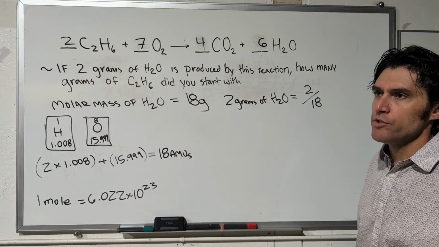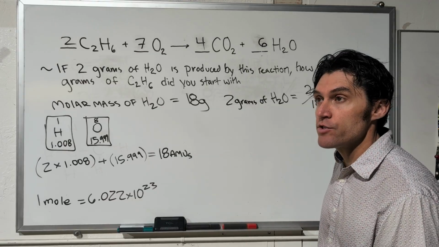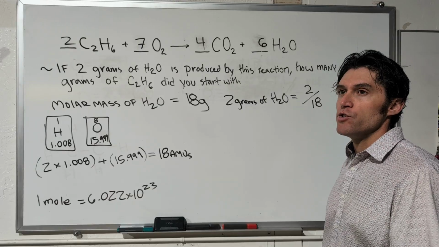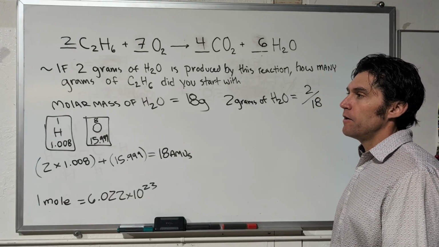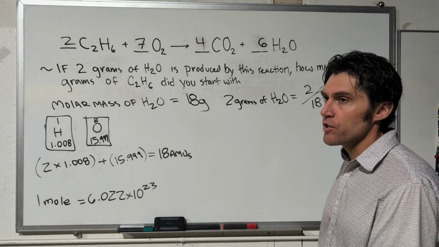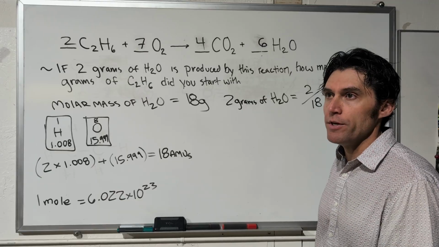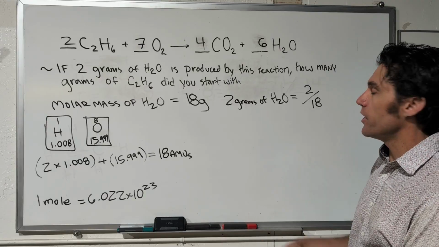It's just like eating a pizza. If you cut a pizza into 4 slices and you eat 1 slice, you eat 1/4 or 0.25 pizzas. You didn't eat the whole pizza. You ate 1 slice of the 4 slices, 1/4, 0.25 pizzas. So this is the same thing. We don't have a whole mole of H2O.